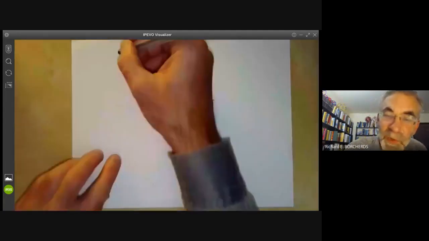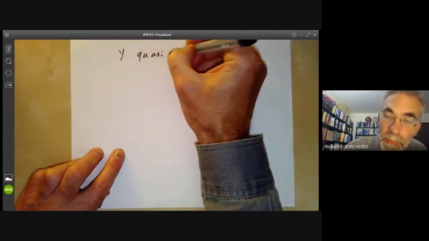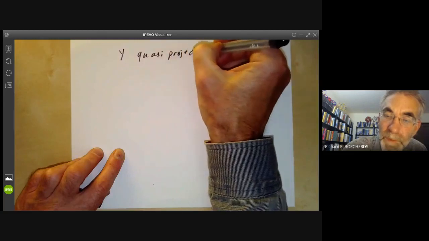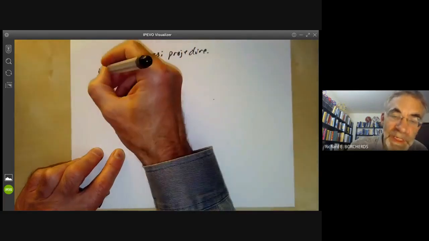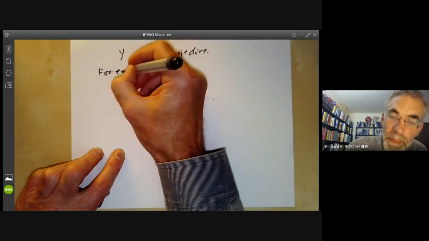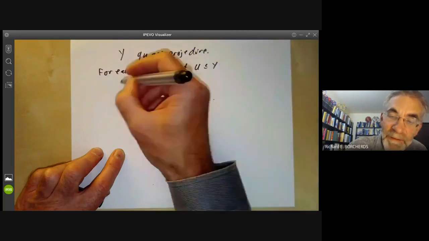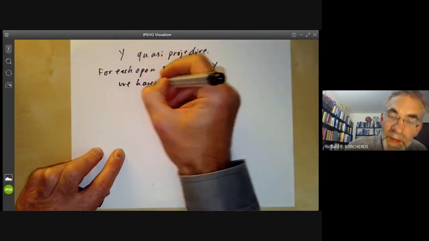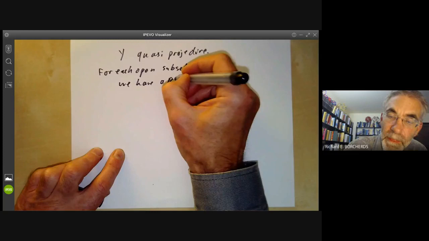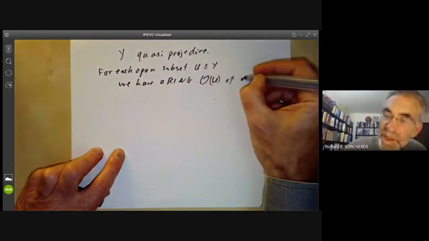Next, we notice that if we have a quasi-projective variety, then for each open subset U of Y, we have a ring, sometimes denoted by O of U, of regular functions.